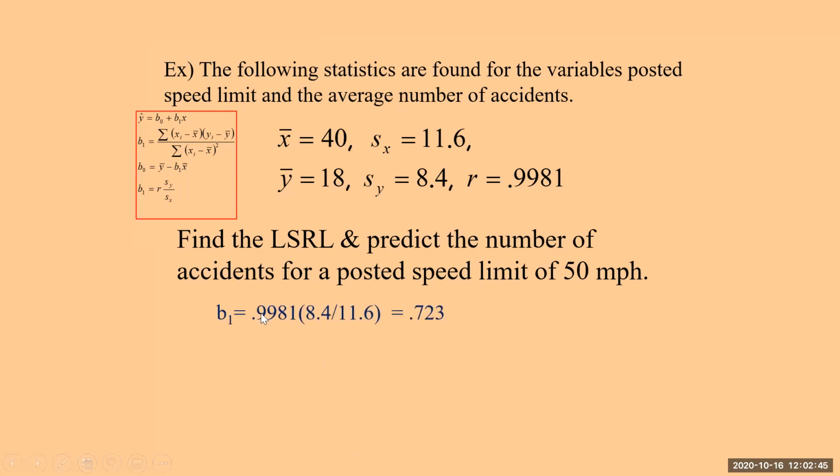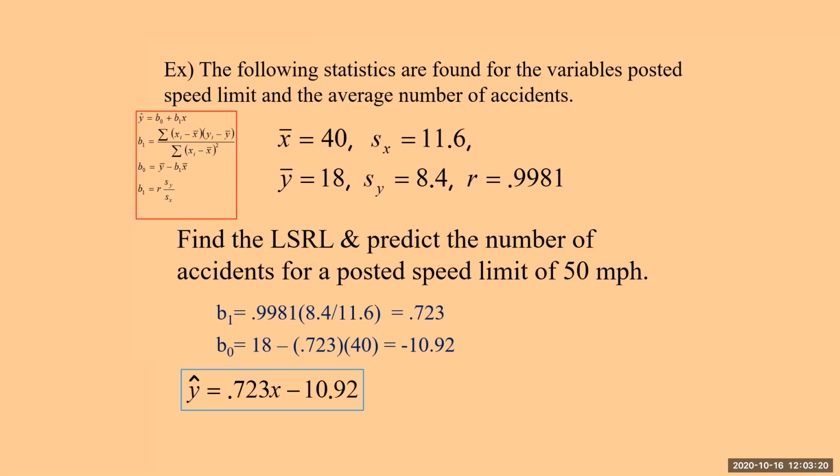So let's find b1 first. Our R value is 0.9981, times the standard deviation of Y's, 8.4, divided by the standard deviation of X's, 11.6. Crunch the numbers in your calculator, we get 0.723 as our slope. To find the y-intercept, we have the average of Y, 18, minus the slope we just calculated, 0.723, times the average of the X's, 40, and that gets you negative 10.92.